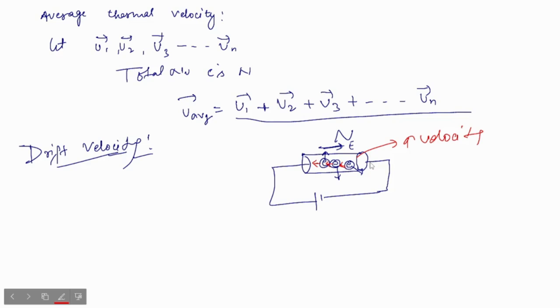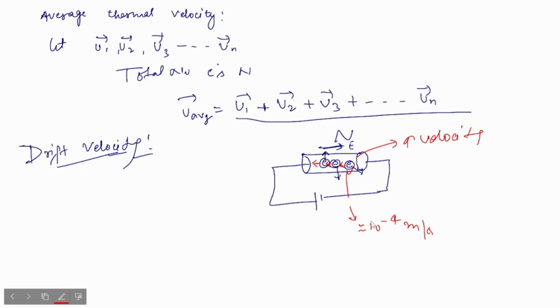Therefore, the potential difference of the battery does not give an accelerated motion to the electron but simply gives a constant velocity, approximately 10 to the power minus 4 meter per second, along the length of the wire opposite to the electric field.